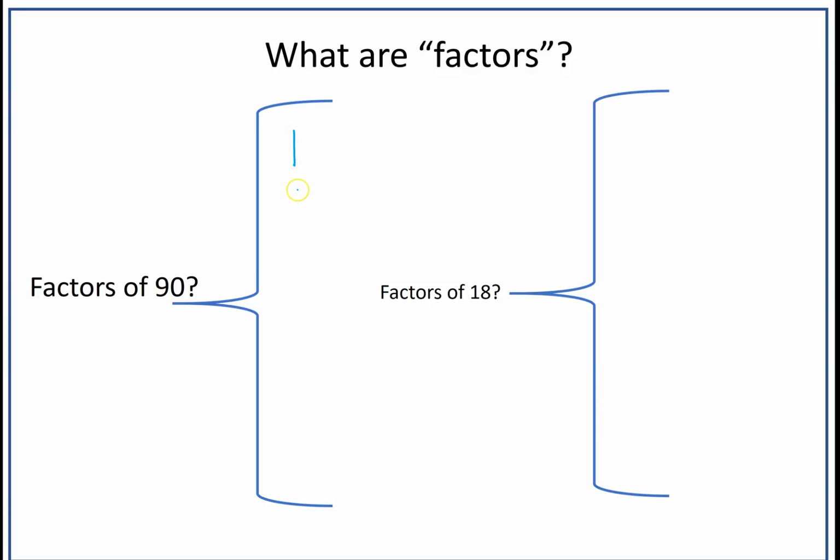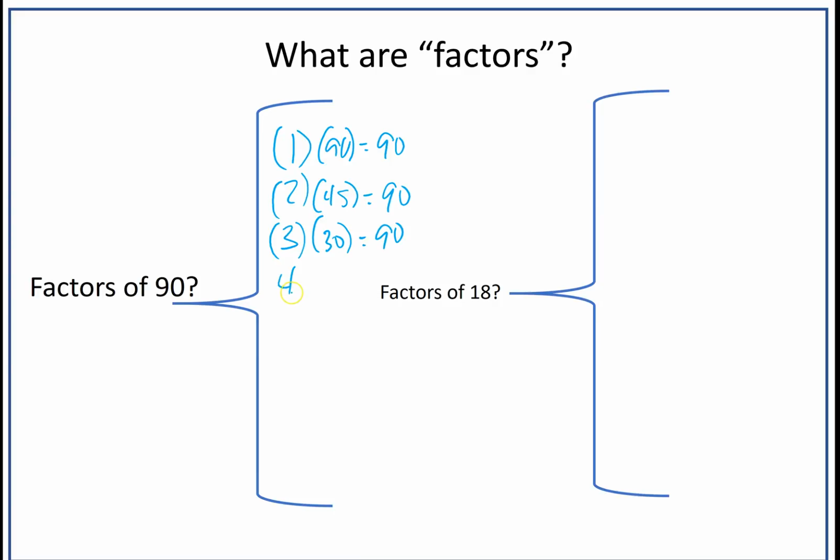1, we'll write it this way. 1 times 90 is 90. 2 times 45 is 90. 3 times 30 is 90. 4, we don't have a whole number. 5 times 18 is 90.